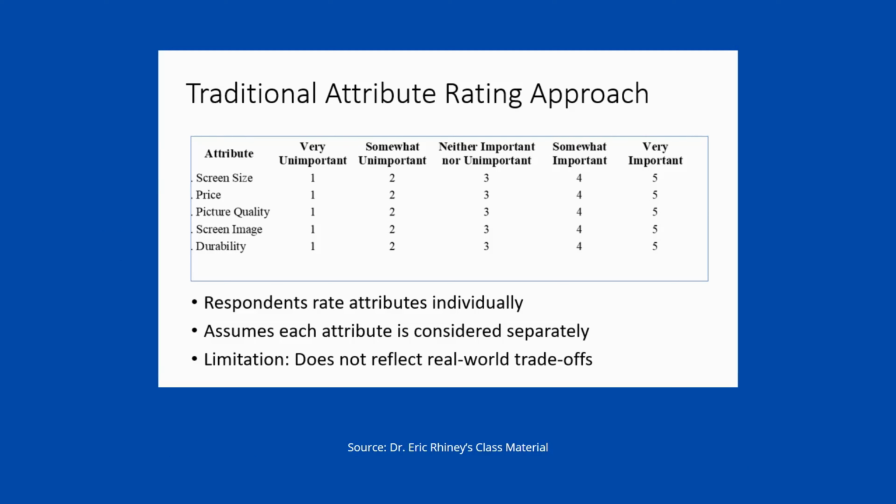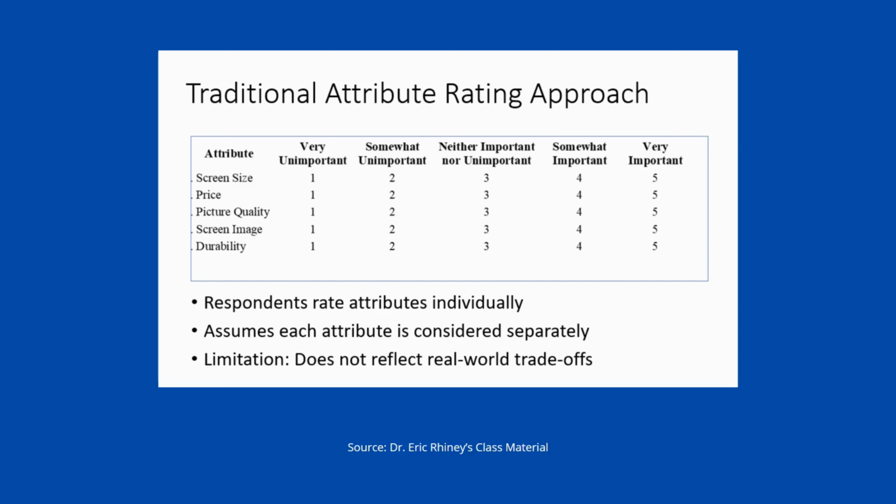So, this is the traditional approach when we see a survey asking customers how they value each attribute. And in this particular example, we are seeing how customers evaluate the TV. So, from less to more important, we have screen size, price, picture quality, screen image, and durability as attributes.